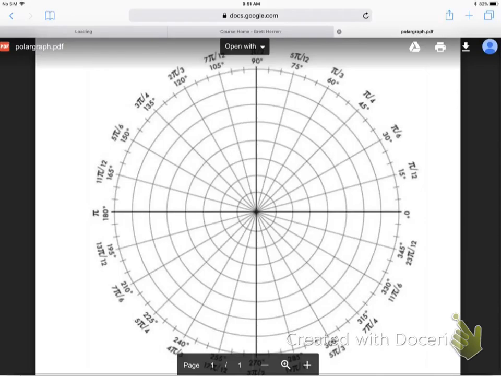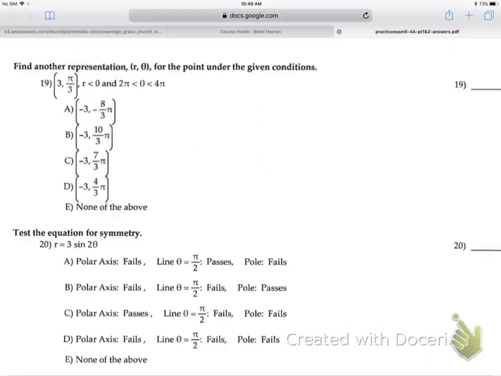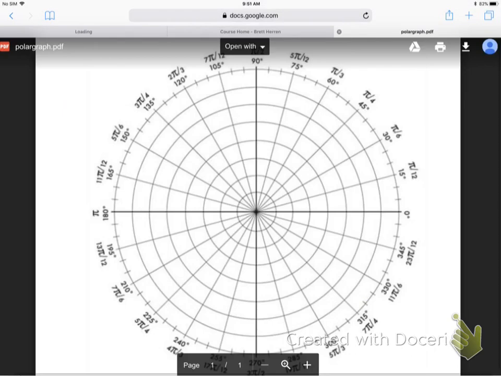There it is. Okay, so what was the angle? It was pi over 3 and shoot out 3. So pi over 3, which is right here, and shoot out 3, 1, 2, 3, right there. So there's the point, pi over 3 angle, shoot out 3.